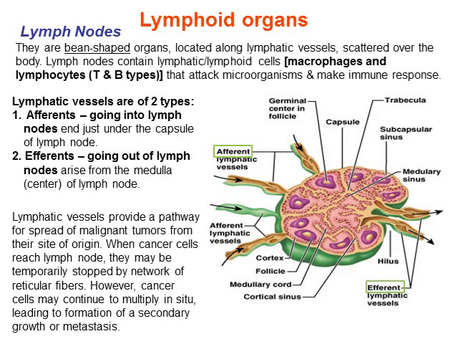So it's multiplying inside the lymph node, leading to formation of a secondary growth or metastasis. So that's how the metastasis occurs. So we have a primary location, and a secondary growth or metastasis of the tumor occurs in the lymph nodes.